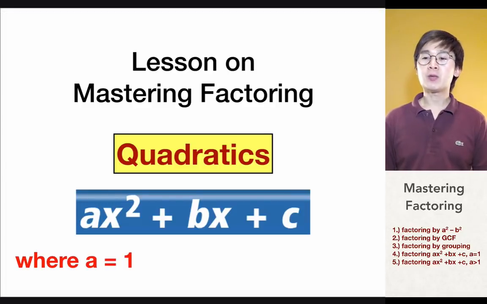And now we're going to be working on how to factor quadratic equations of the form ax squared plus bx plus c. Now this particular case will be specific to a equal to 1, which means the coefficient of our leading term, x squared, will be 1.